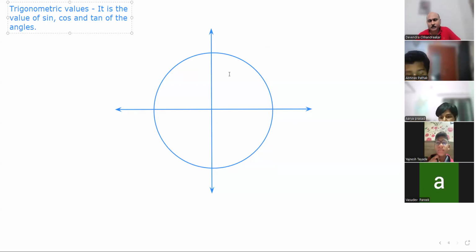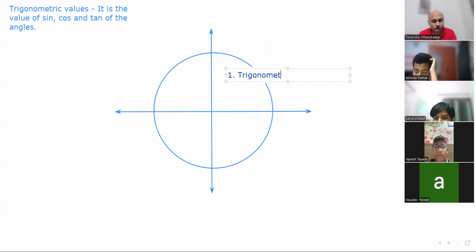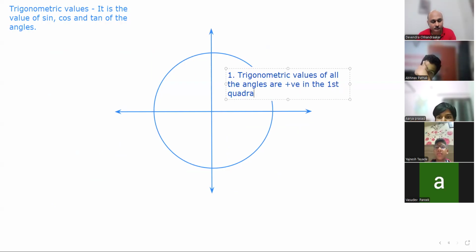So coming back to the first quadrant. I hope trigonometric values आपको clear है. So discussing the first quadrant now. In the first quadrant, trigonometric values, that is sine, cos, and tan of all the angles are positive. इसका क्या मतलब हुआ? देखो ध्यान से समझने की कोशिश करते हैं, ठीक है?